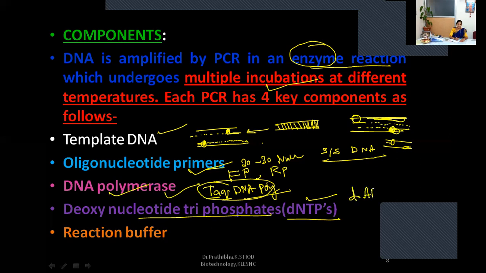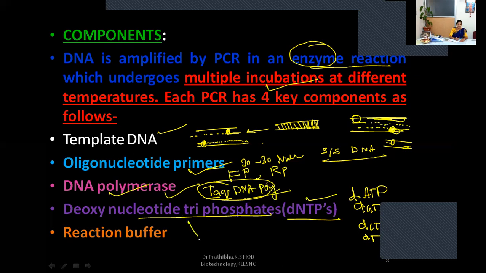You can use dATP, dGTP, dCTP, and dTTP: deoxyadenosine, deoxyguanosine, deoxycytidine, and deoxythymidine triphosphate. All these individual dNTPs you need to put in the reaction mixture.